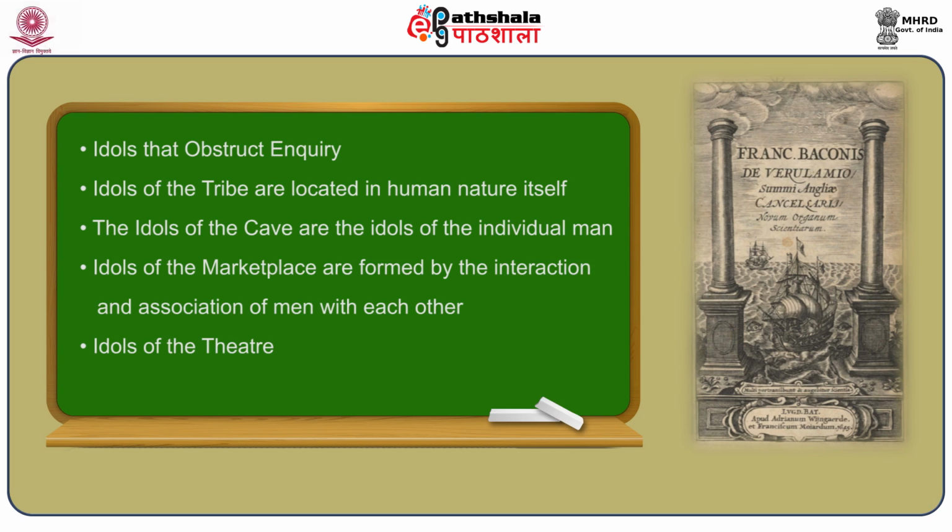He identified four kinds of phenomena which he called idols, which he said can obstruct human scientific inquiry. He called them idols of the tribe, idols of the cave, idols of the marketplace, and idols of the theater. You will find all of them in the book called Novum Organum. Even if you type in Google Bacon's idols, you will get all this information.